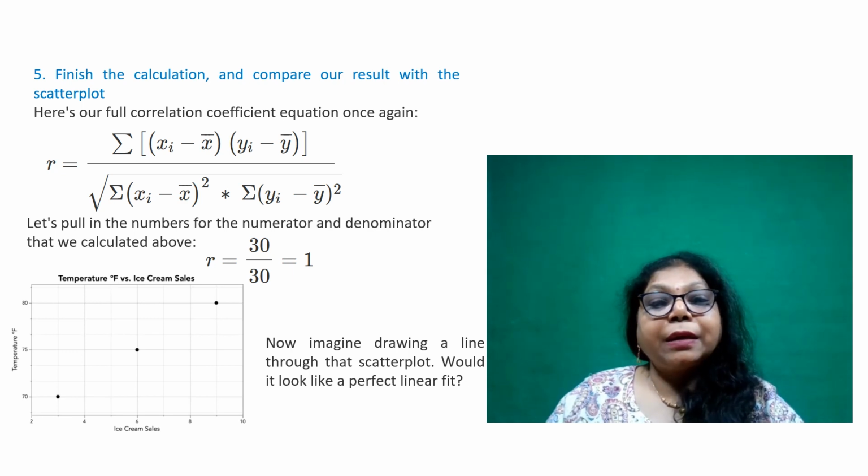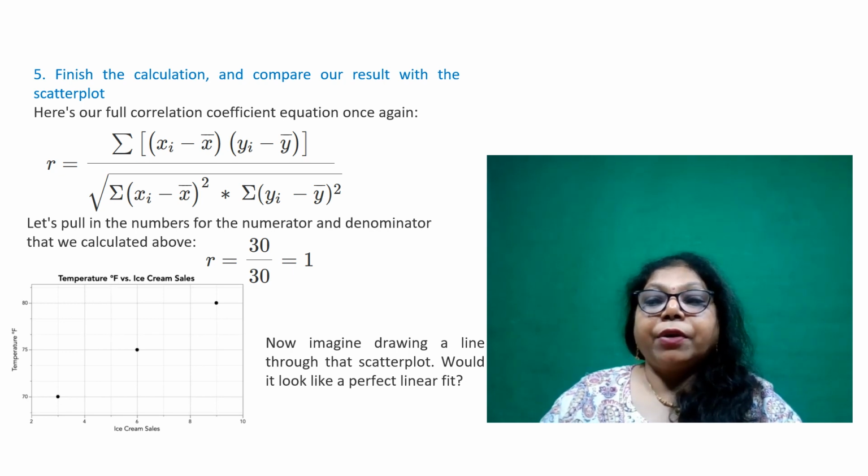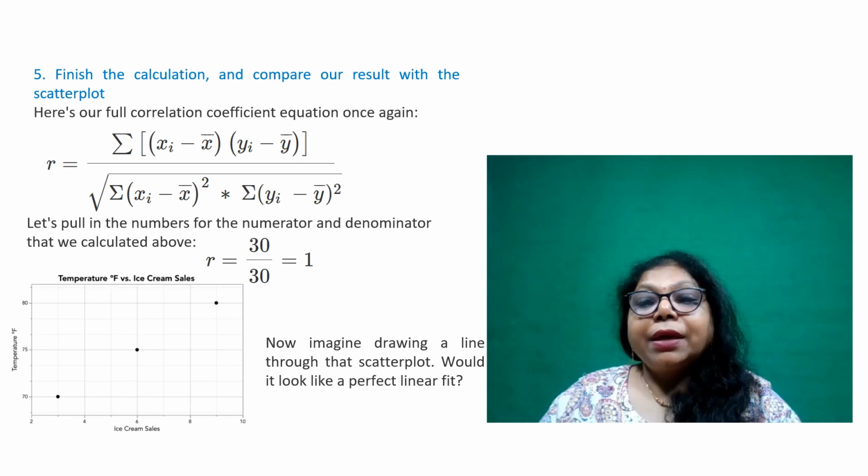Of course, finding a perfect correlation is so unlikely in the real world that if we had been working with real data, we would assume we had done something wrong to obtain such a result. But this result from the simplified data in our example should make intuitive sense based on simply looking at the data points. Let's look again at our scatter plot. Now imagine drawing a line through that scatter plot. Would it look like a perfect linear fit? Yes or no?